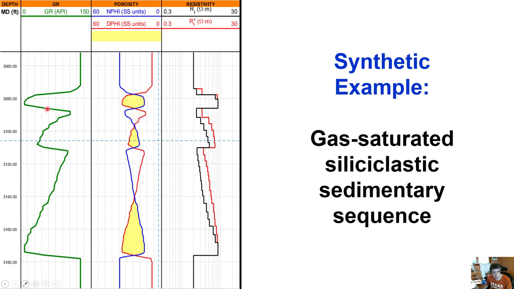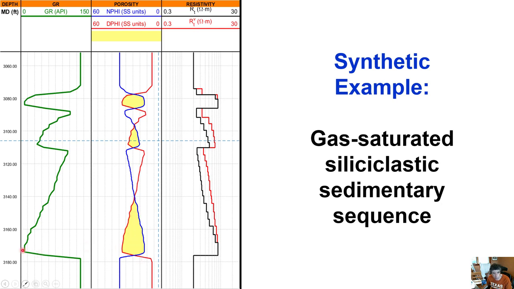Whenever we have a clean sandstone, which we saw was clean because neutron and density logs overlap in the presence of water, now we have a beautiful crossover where the neutron porosity is lower than the density porosity, and the yellow highlighted sections are indicating presence of fluids lighter than water.